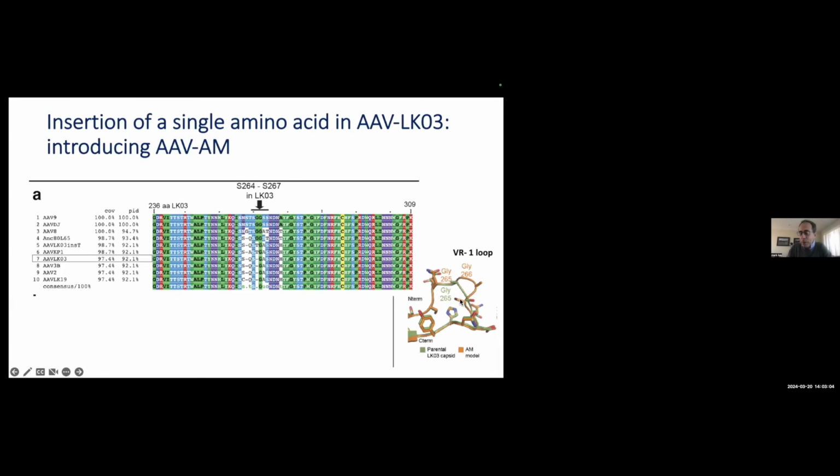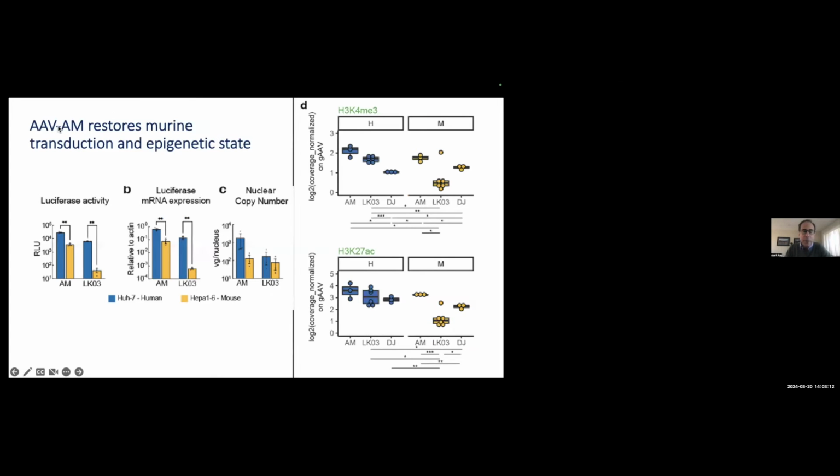We can do structural predictions, the significance of which we don't know. And we come up with a new capsid that's called AAV-AM. This takes an LKO3 capsid, adds 1 amino acid to the capsid sequence, but it restores the ability to see expression in the mouse cells compared to the human cells.